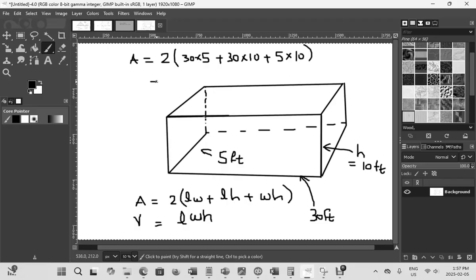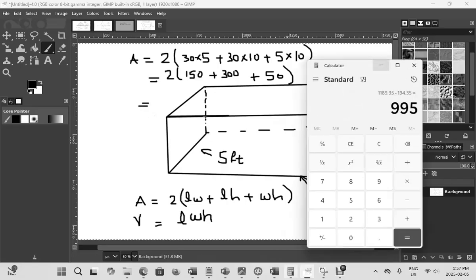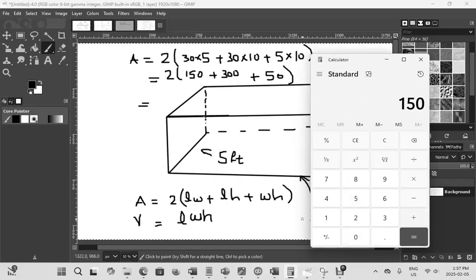So this will be 30 times 5, which is 150, plus 30 times 10, this is 300, plus 50. So this will be 150 plus 300 plus 50, altogether 500.